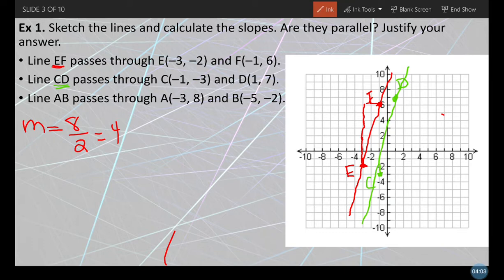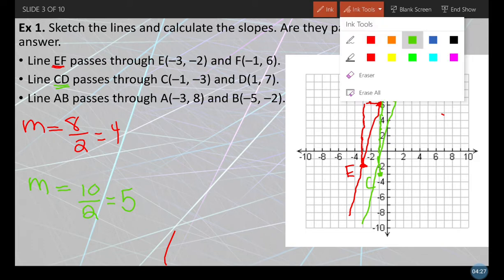So a rise of 1, 2, 3, 4, 5, 6, 7, 8, 9, 10. So m for the green line is a rise of 10 over a run of 2. Well, 10 divided by 2, I'm going to simplify that to 5. So are lines EF in red and lines CD in green parallel? No, those two lines aren't parallel.